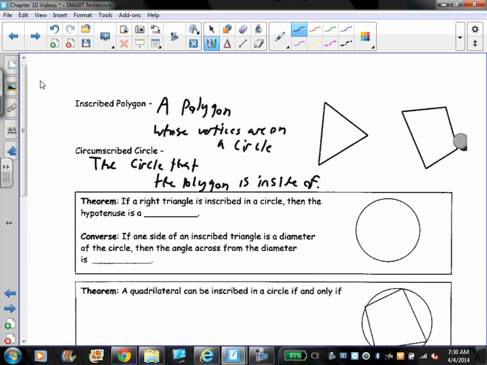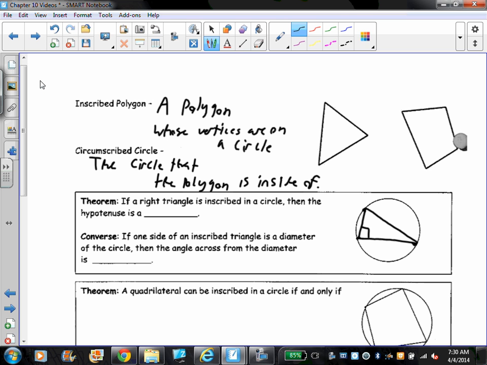All right. So we have a few theorems that we can do based off of this. One of them is, let's say that we have a right triangle inscribed into a circle. Not a very good drawing on this one, but imagine that there were a right triangle and you knew it was a right triangle inscribed inside.